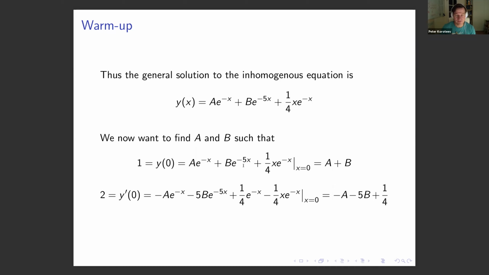So if you substitute x equals 0 into this function, we simply get a plus b. And then the derivative, if you compute it, is given by this function. And then we substitute x equals 0, we get negative a minus 5b plus 1/4. And this should be equal to 2.